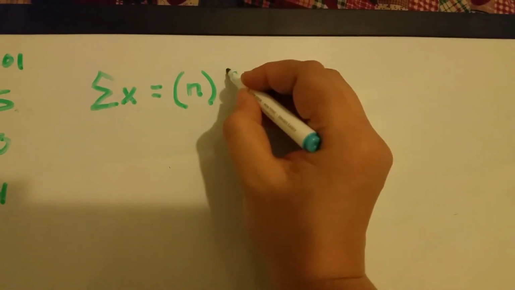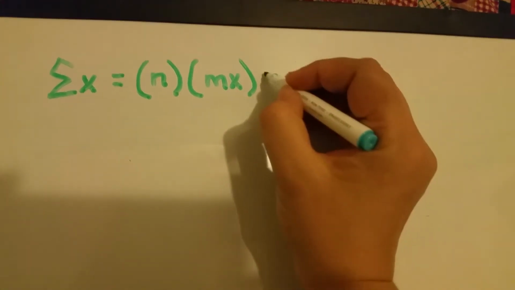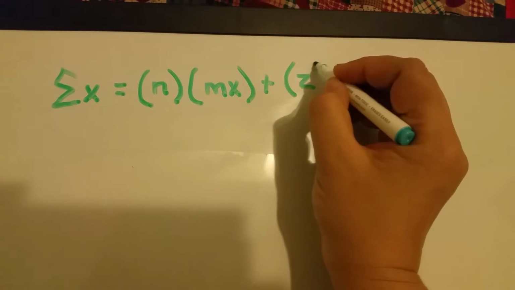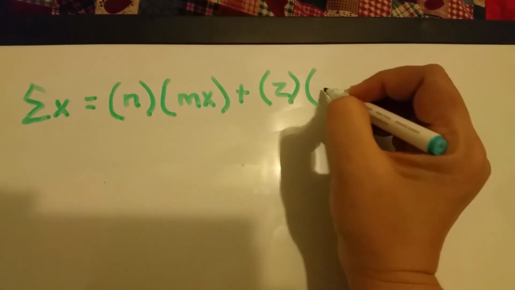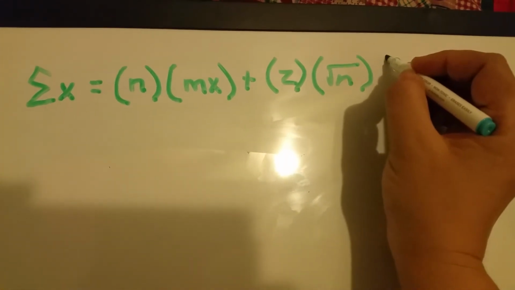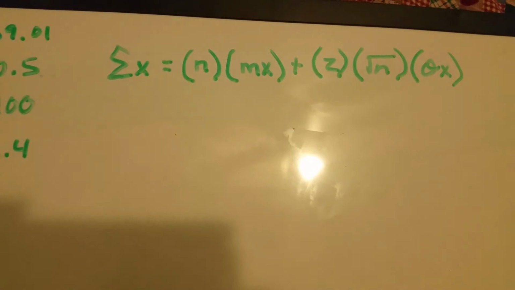We've got the count times the mean, equals the z-score times the square root of the count times the standard deviation.